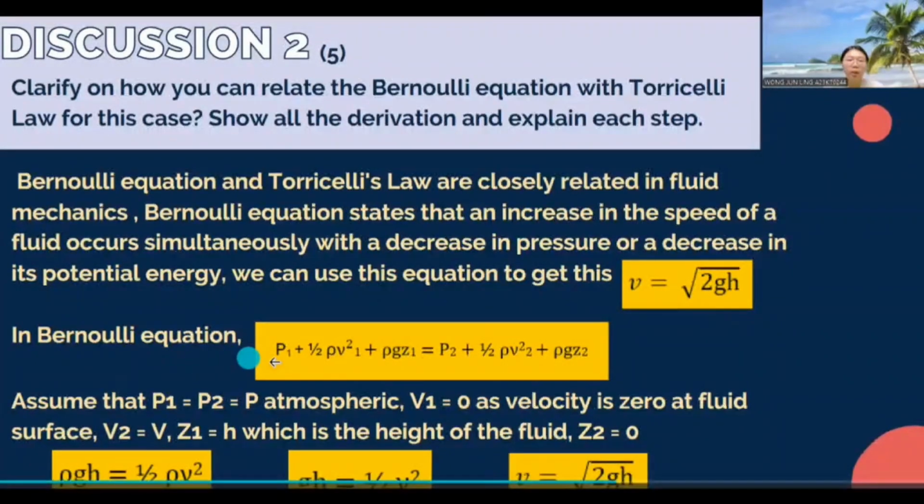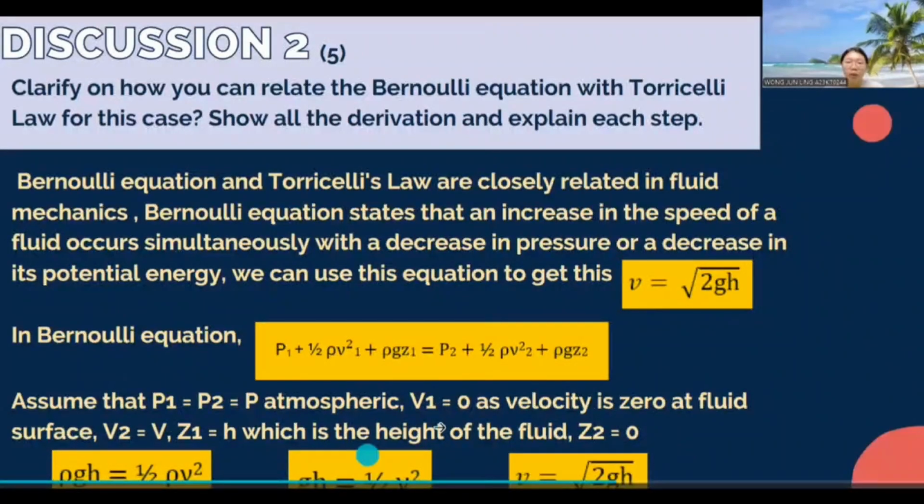In the Bernoulli equation, we assume that pressure 1 equals pressure 2 equals atmospheric pressure, and velocity 1 equals 0 at the fluid surface, and velocity 2 equals v. The first height z1 is equal to h, which is the height of fluid, and the height z2 equals 0 at the ground mark.